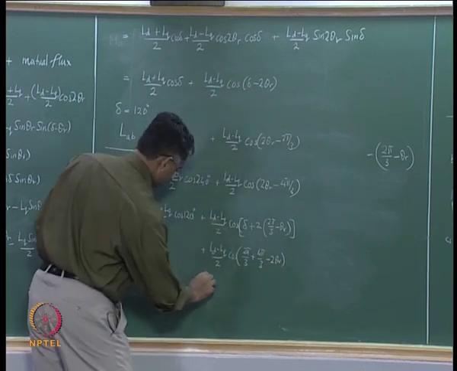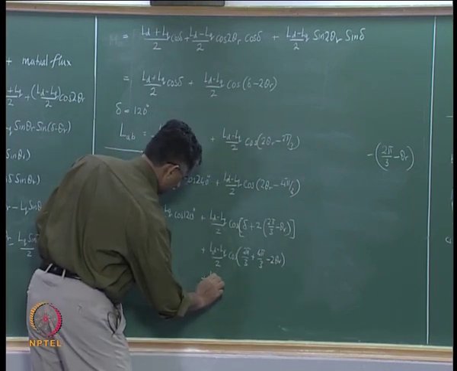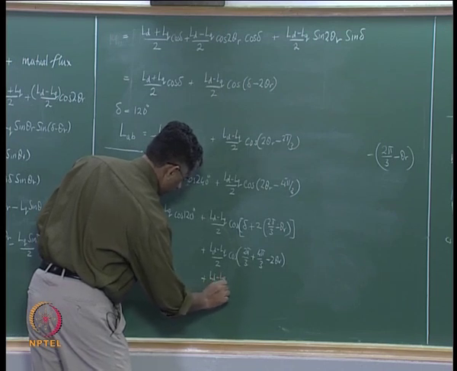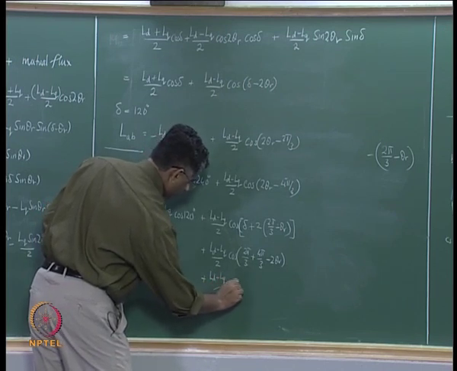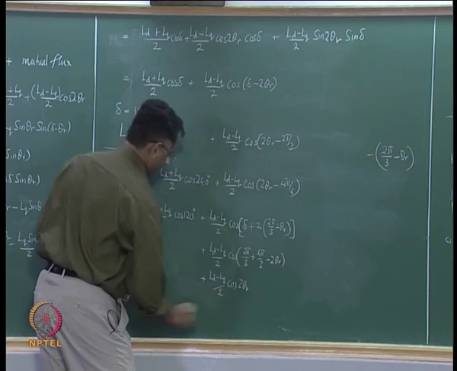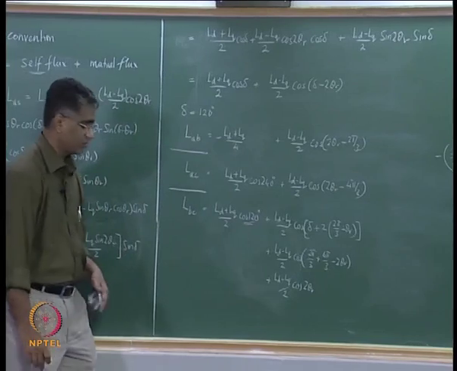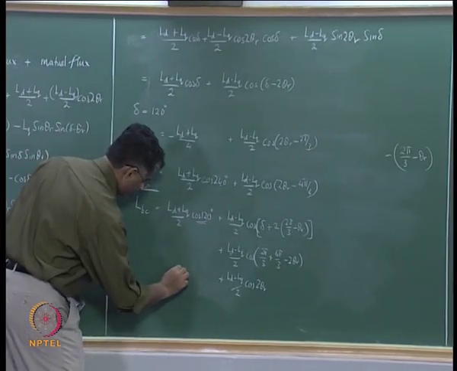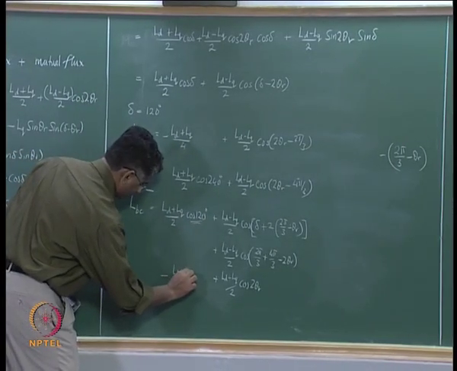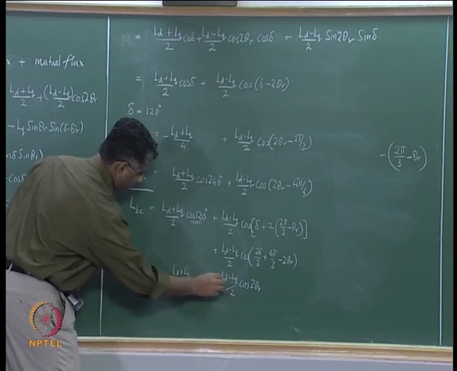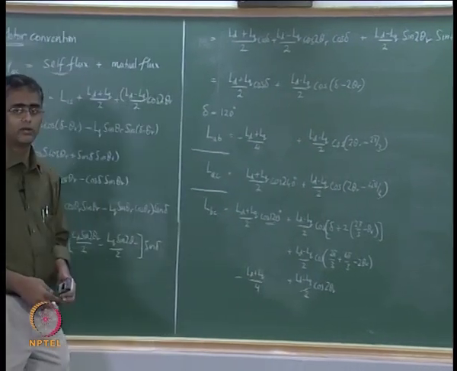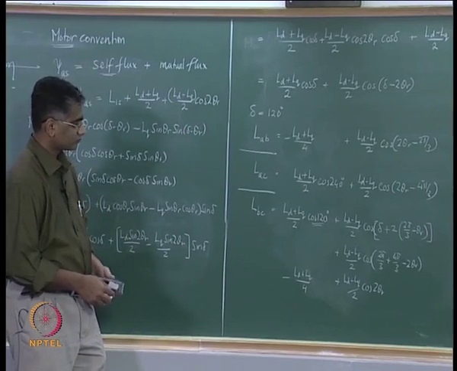So this is simply LD minus LQ by 2 into cos of 2 theta r. This term remains as it is, and cos of 120 is again minus half, therefore you get minus of LD plus LQ by 4 plus LD minus LQ by 2 into cos 2 theta r.